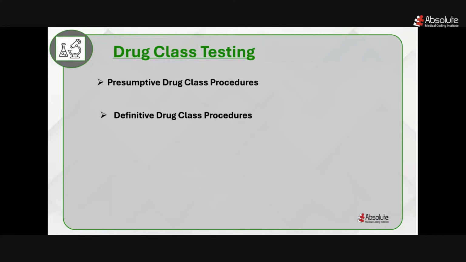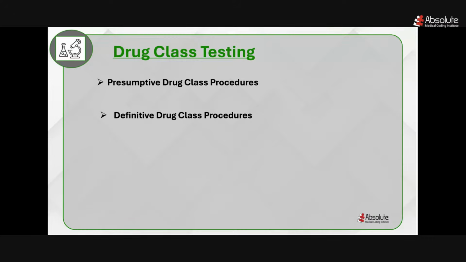It tells you just the drug class. These are tests labs often run first to screen for possible drug use before moving on to specific confirmatory testing. Now, I will give you an example. You might see the result saying that it's positive for opiates, but still you don't know whether it's morphine or hydrocodone or codeine. Okay, did you understand? It will just give you the drug class.